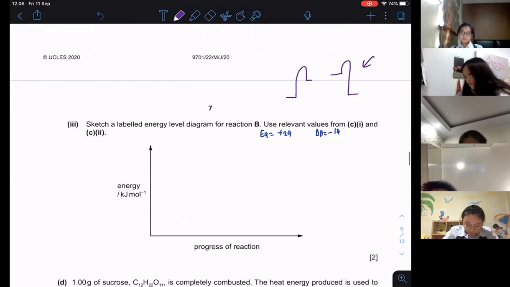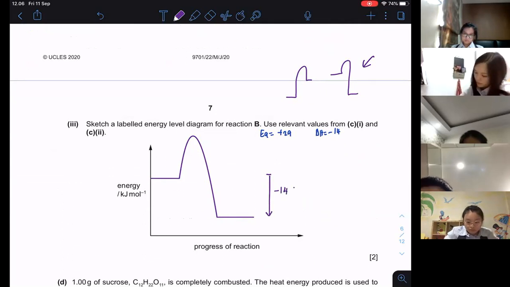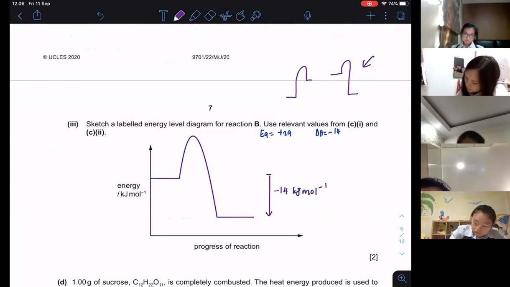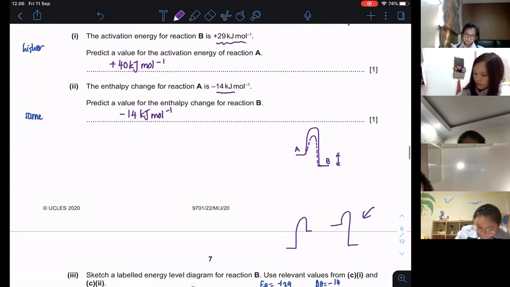If you label, you just draw like this, and then put like this. From here to here, this is going to be negative 14 kilojoule per mole. And from the reactant to the top, the activation energy is going to be plus 29.